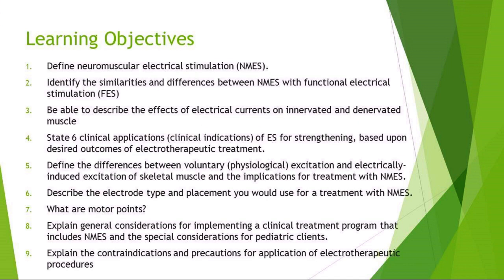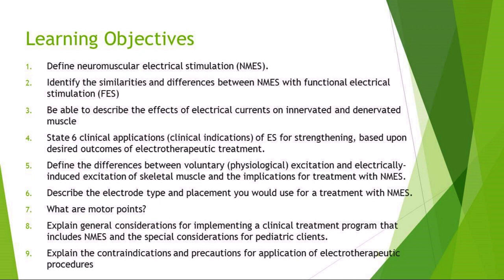The learning objectives are to define neuromuscular electrical stimulation, what it is, identifying the similarities and differences between NMES and functional electrical stim, FES, being able to describe the effects of electrical currents on innervated and denervated muscle.